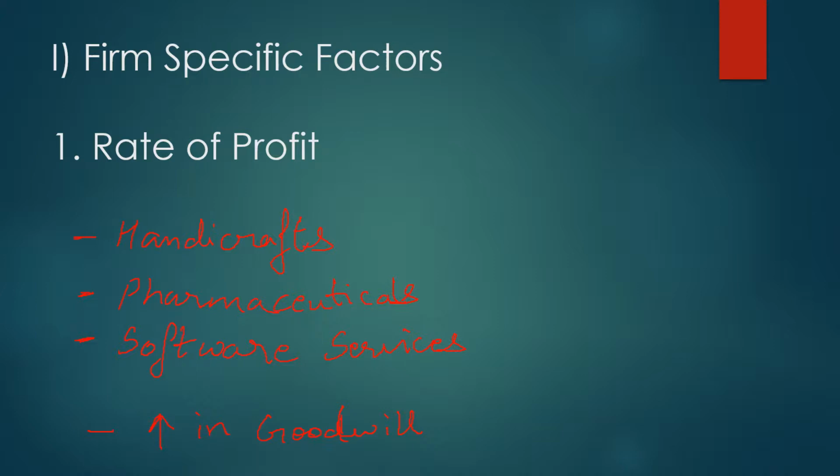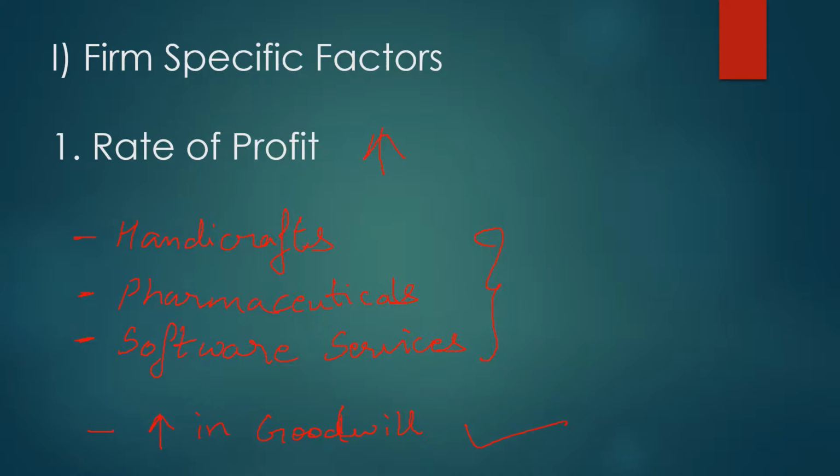And at times export marketing may help to increase the rate of profits of the domestic market due to the increase in goodwill. So products like handicraft, pharmaceutical and software have a demand worldwide, therefore the rate of profit is always going to be high.